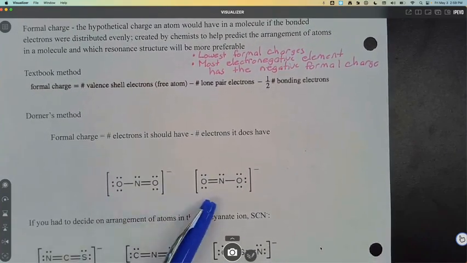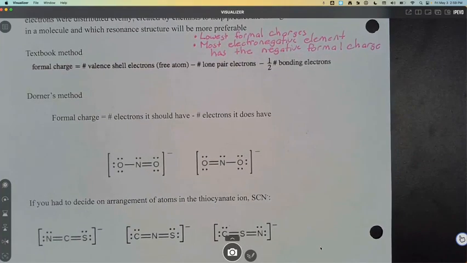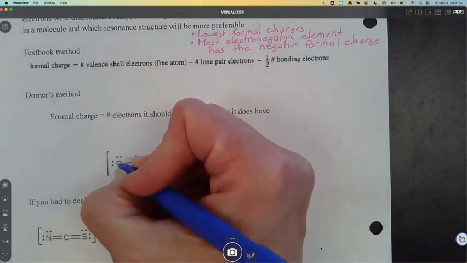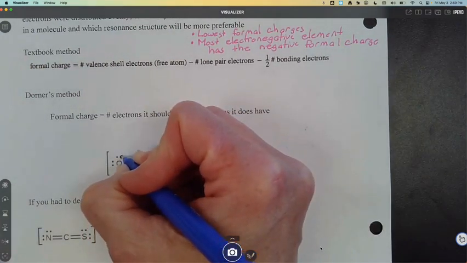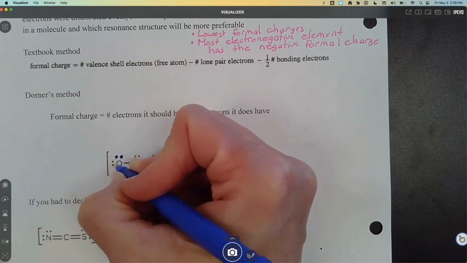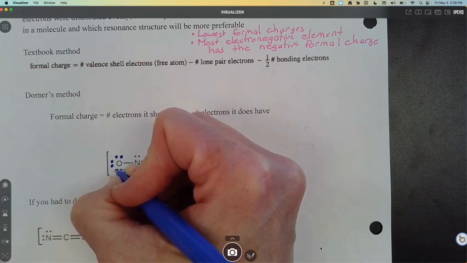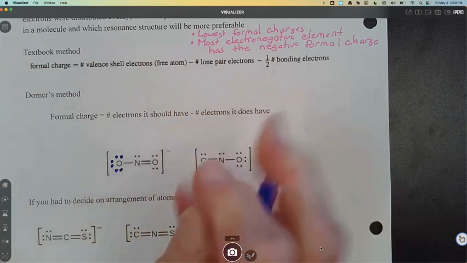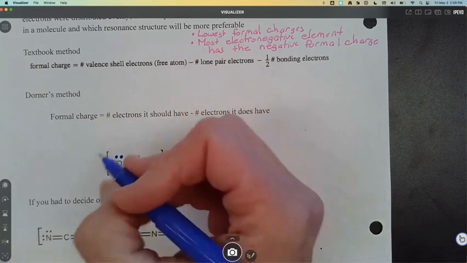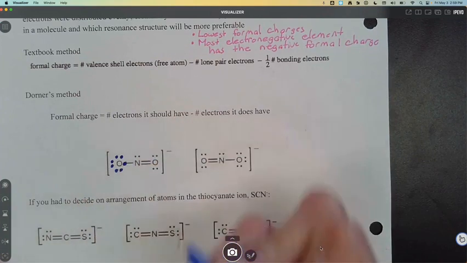Here are a couple of resonance structures that we have to decide if they're equivalent or not. So my thought process is this. I'm going to start with the oxygen. This oxygen currently has 1, 2, 3, 4, 5, 6, and one of the 2 electrons in that bond.